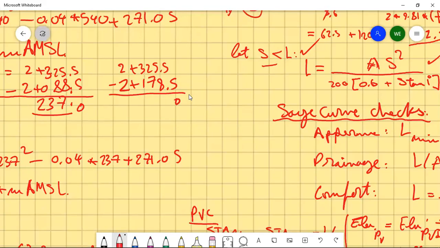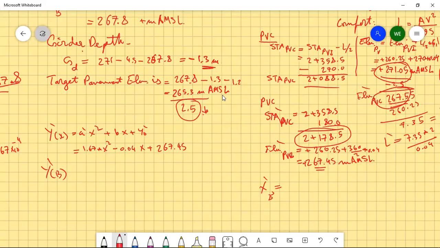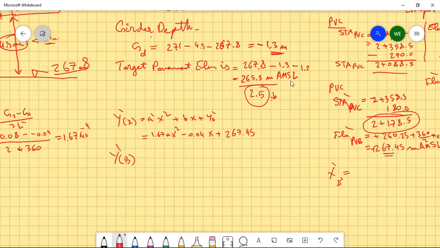So here we have 0.741. So that's the x dash, 147.